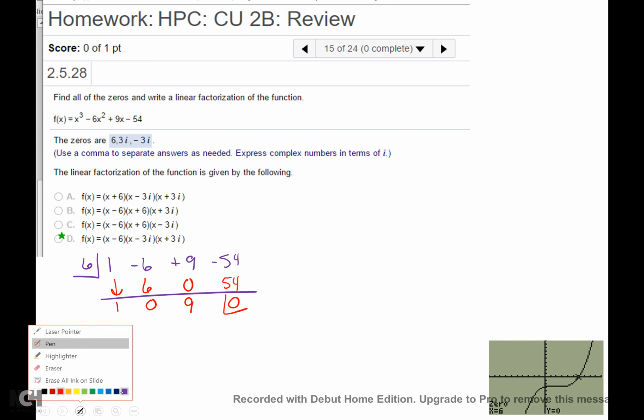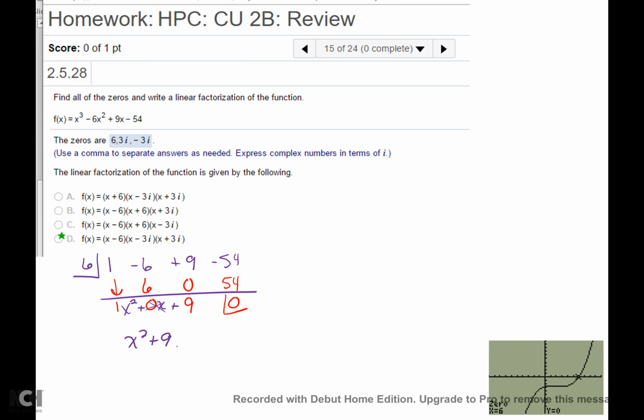Now I've just dropped this down to a second degree function, x squared plus 0x plus 9. You don't need to write the 0x, so my second degree factor that's left is x squared plus 9. Now I can use algebra because I've got it down to a second degree.